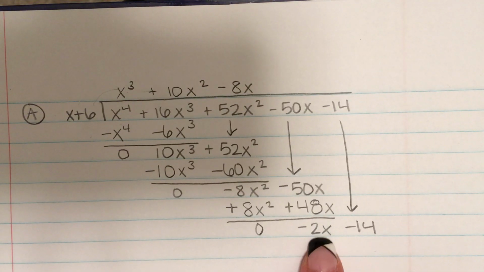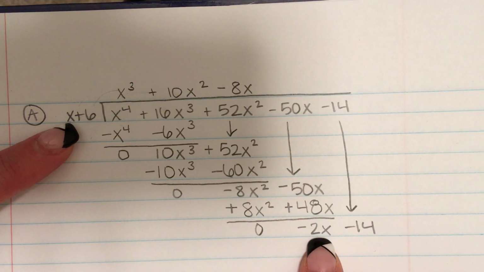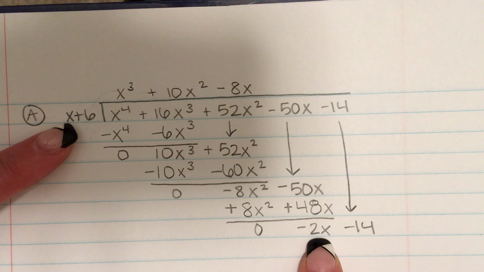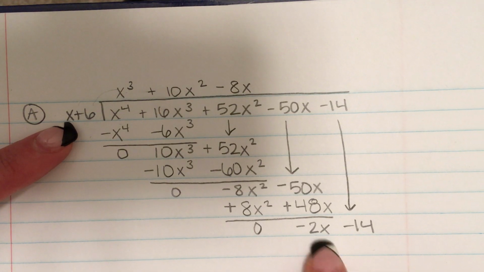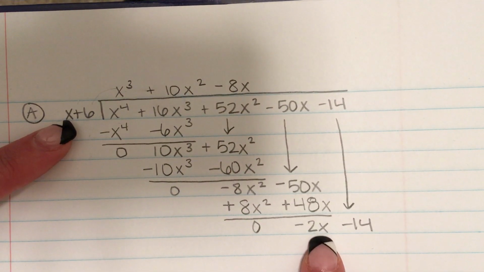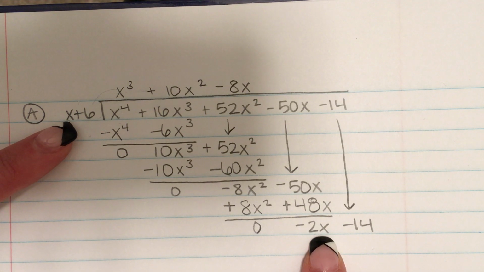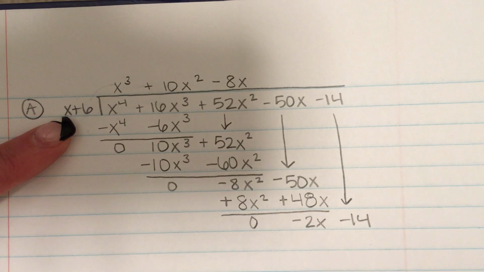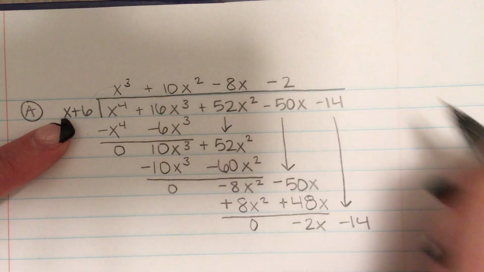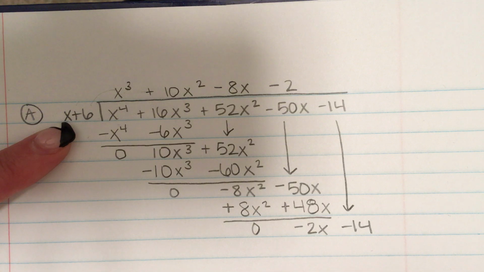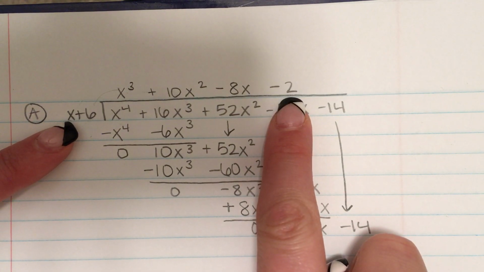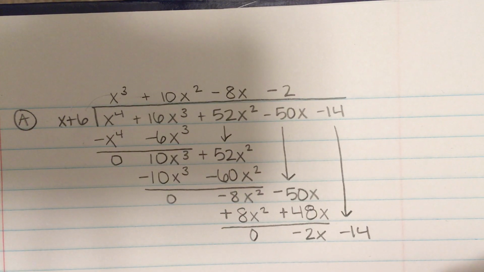So we're going to repeat the process again. We're going to say x multiplied by what gives you negative 2x. And we're going to put that right up here. And you should have said negative 2. And then see if you can remember what the next step is.